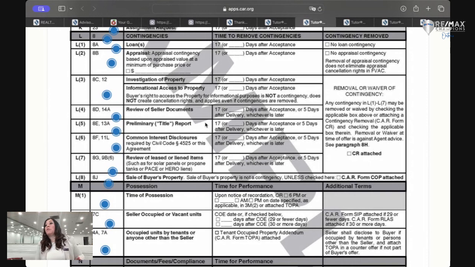Even if they've already removed contingencies, but you turn in a late document, that reopens that up for them to cancel. So now the likelihood of them canceling is probably unlikely, but if they wanted an out, they have it. And now you have to tell your client, oh, well, I failed to do my part. So you don't want to do that. So you definitely want to do your AVID.